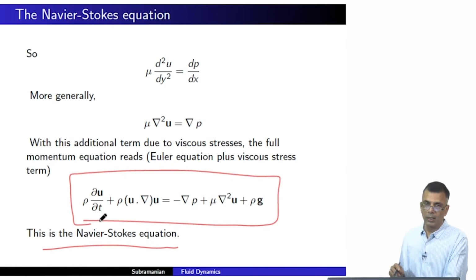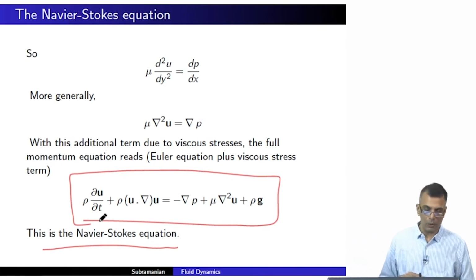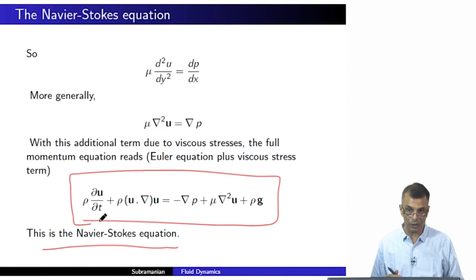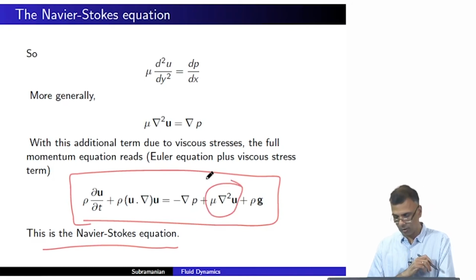Okay. Now remember, when we were talking about Kelvin's vorticity theorem, I alluded to this, specifically this term. Remember what we were talking about there. We were talking about water from a hose, which is being pointed at a wall.